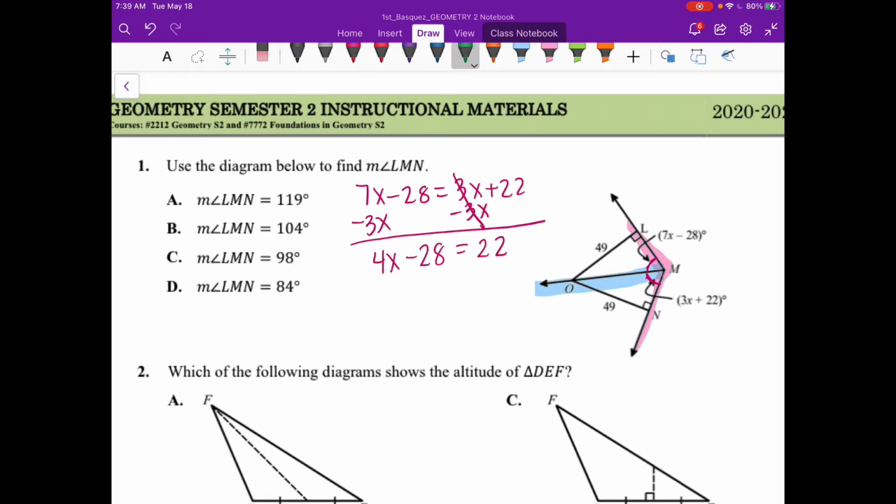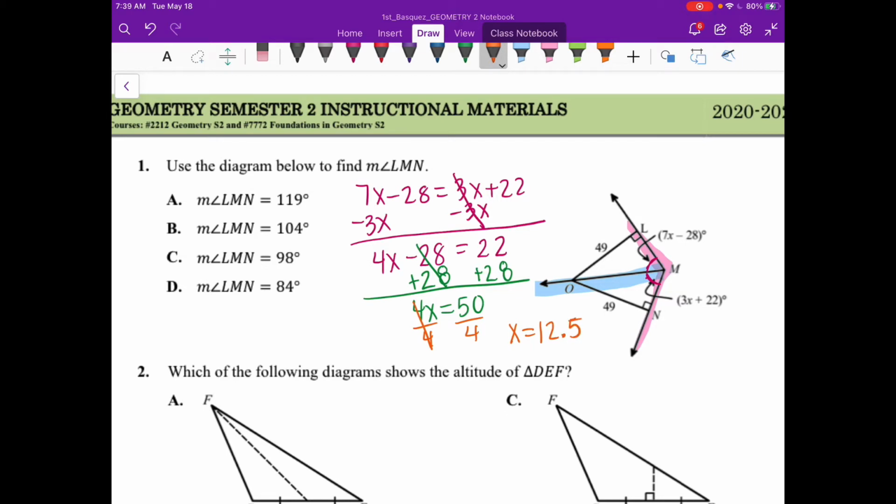My next step will be to add 28 to both sides so I can continue to isolate the x variable. That gives me 4x equals 50. And the last step here is going to be to divide by 4. So x comes out to be 12.5.